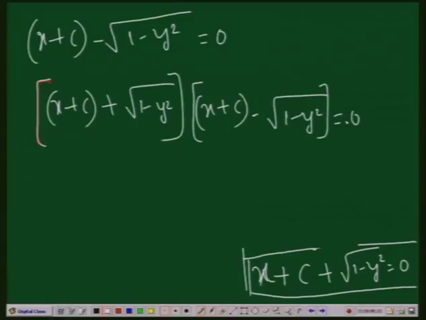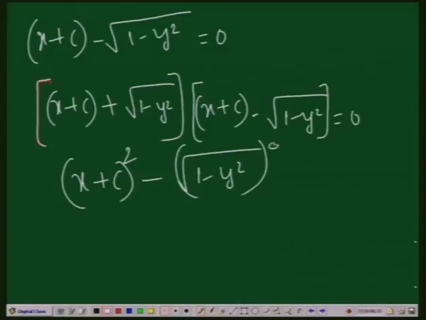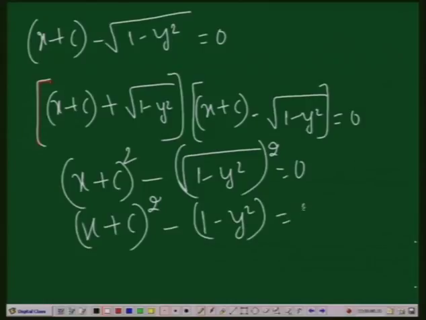This is the general solution of the given differential equation. This is like a plus b into a minus b, which is nothing but a square minus b square: x plus c whole square minus root of 1 minus y square the whole square equals 0, which is x plus c whole square minus 1 minus y square equals 0.